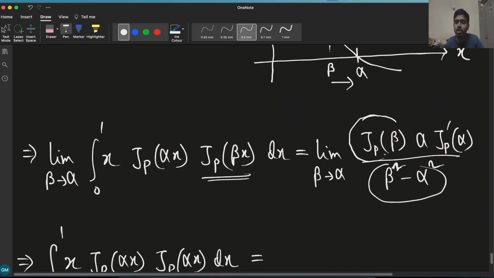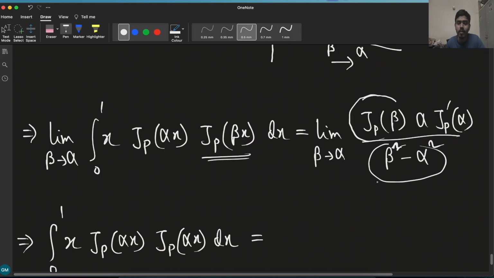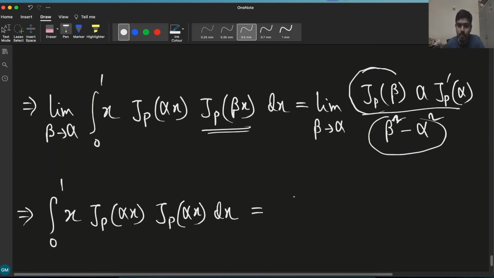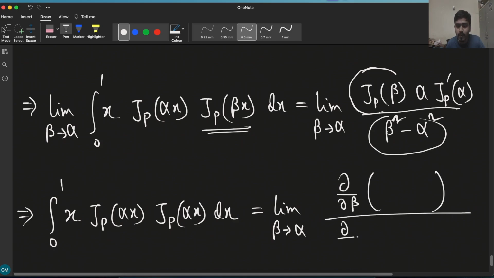So it is basically a 0 by 0 form. Then I will use the L'Hospital rule, which tells me that it becomes del beta of the numerator divided by del beta of the denominator.